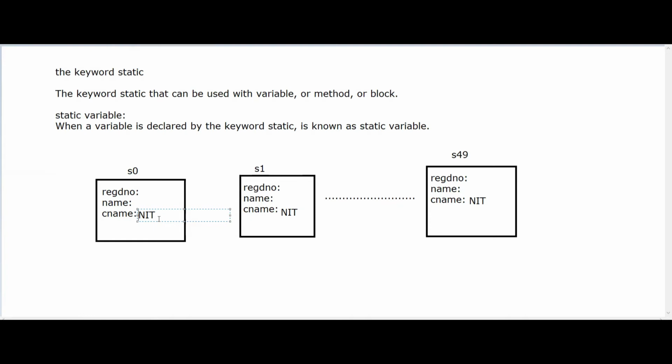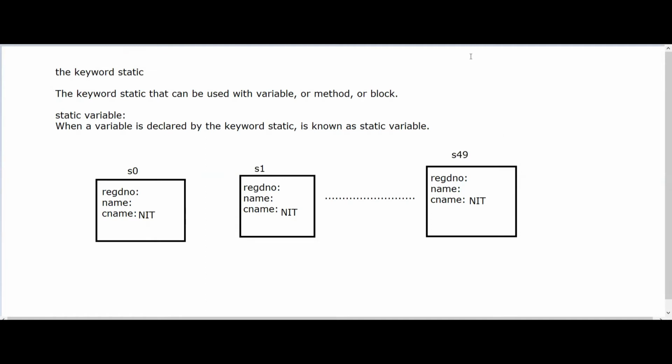So three characters means 2, 2, 2, that is 6 bytes. For S0, college name NIT is the value. To assign the value NIT, 6 bytes of memory will be reserved. Similarly 6 bytes, 6 bytes, 6 bytes, 6 bytes.